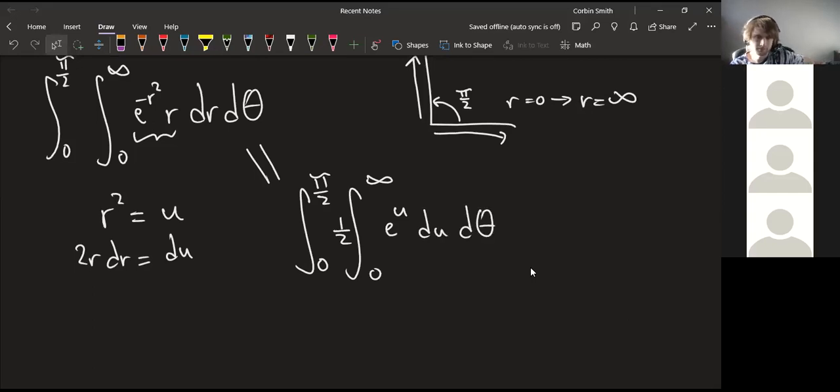So, e to the minus u, there we go. So if we plug in infinity, this is 0. Oh, where's the minus sign going wrong?